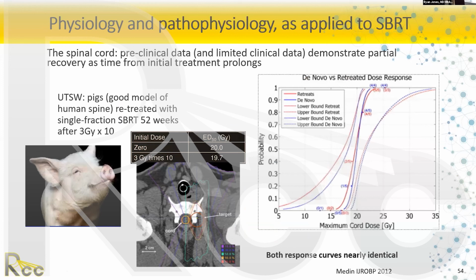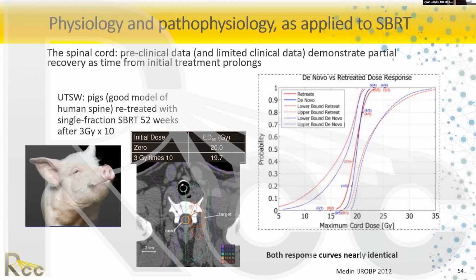Palmadine, whom I mentioned before, has focused a lot on spinal cord and peripheral nerve tolerance to SBRT. They call him the pig maestro. He uses pigs for a lot of his trials, which I gather is a great model of the human spinal cord in the way it's structured and the way it responds to radiation.